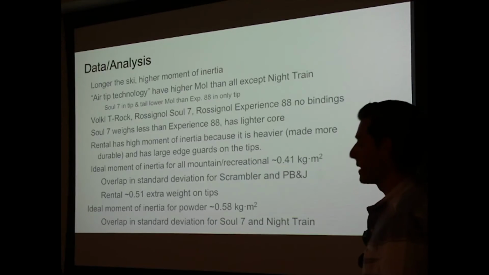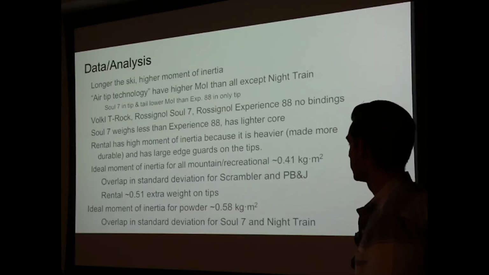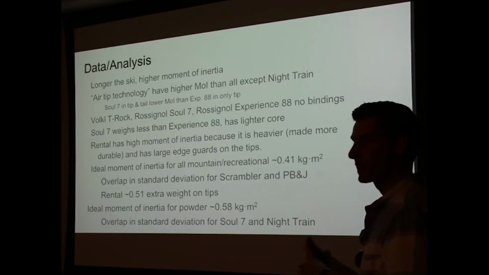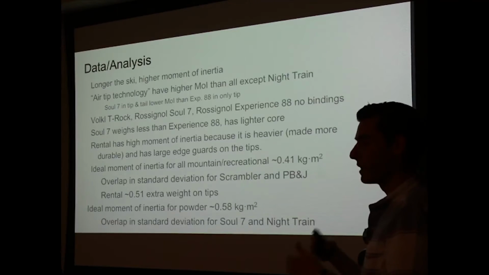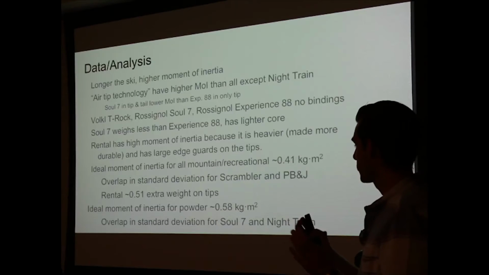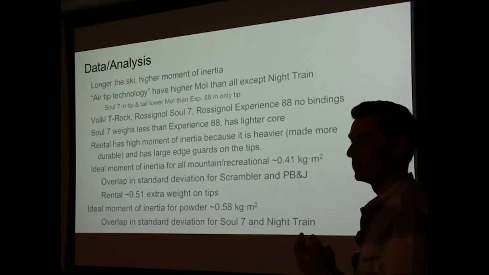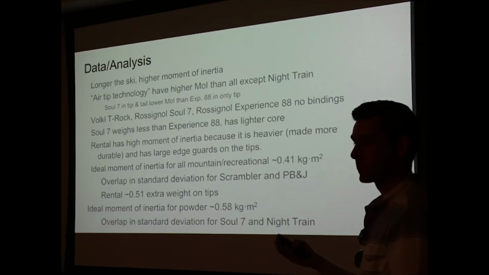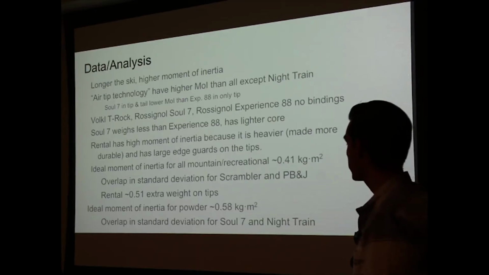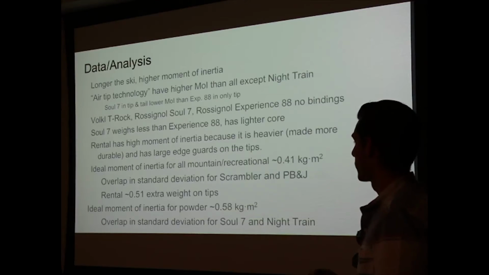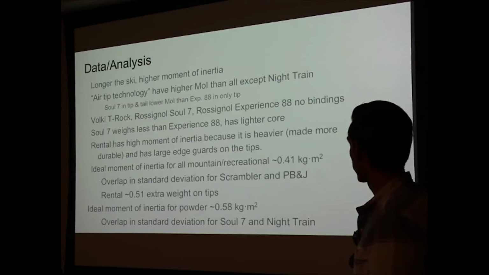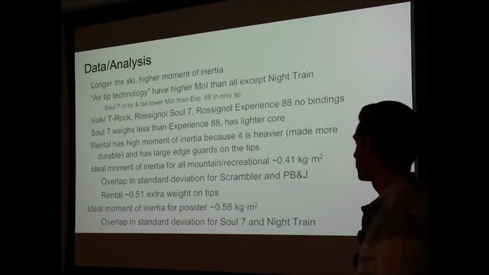So, based on my information that I found, I made kind of a rough guess about what the ideal moment of inertia would be for different types of skis. It was hard to do with the skis that I was limited to testing, but from my data, I concluded that for an all-mountain recreational ski, it would be around 0.41 kilogram meters squared.